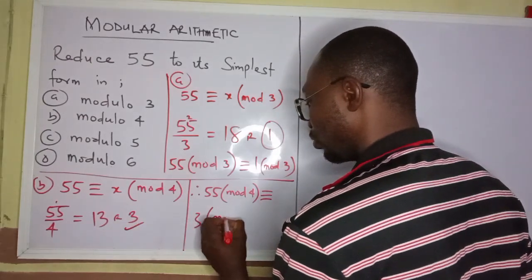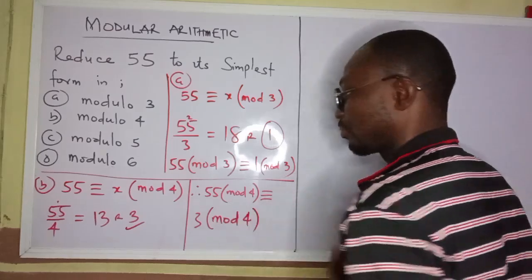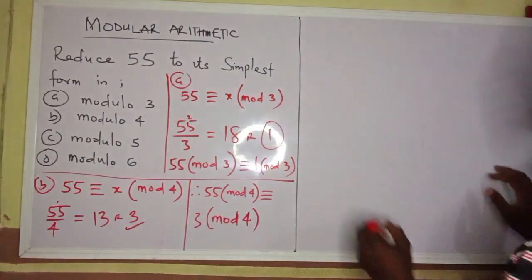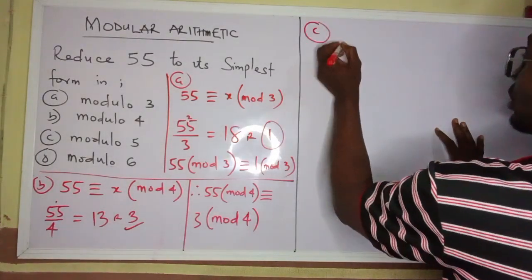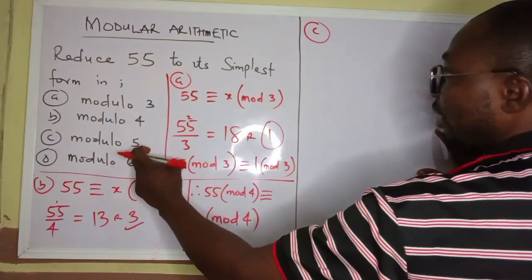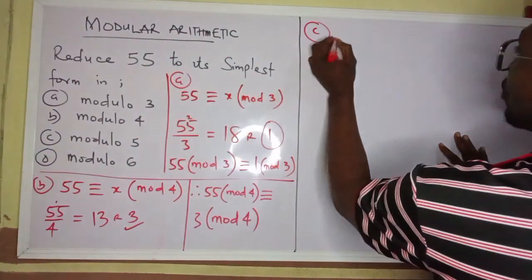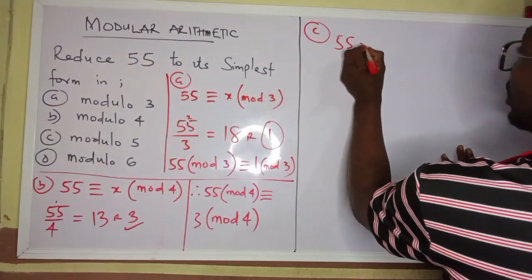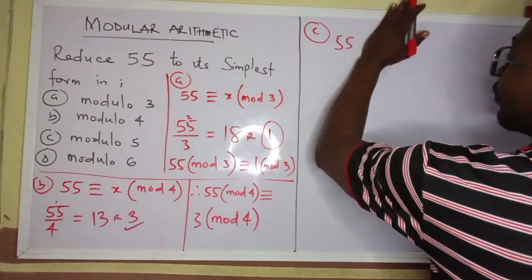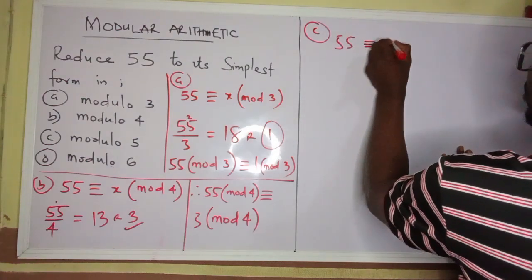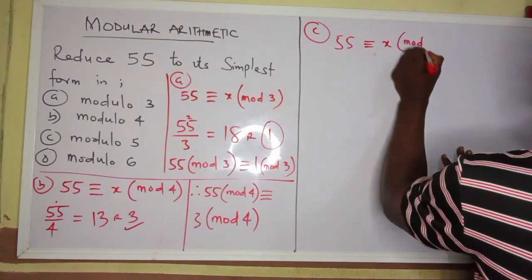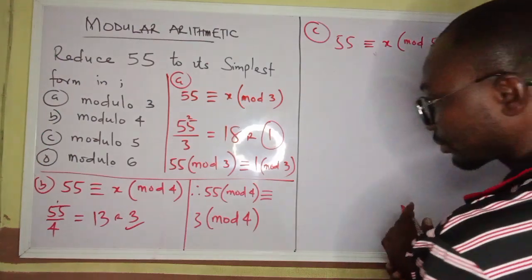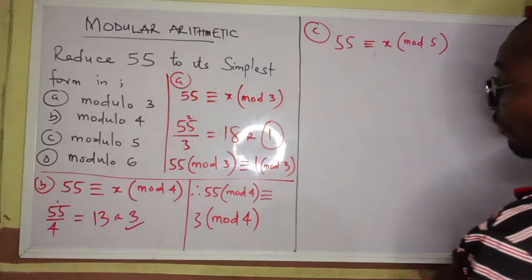Now let's look at the next question, which is in modulo 5. 55 is equivalent to a number in modulo 5.